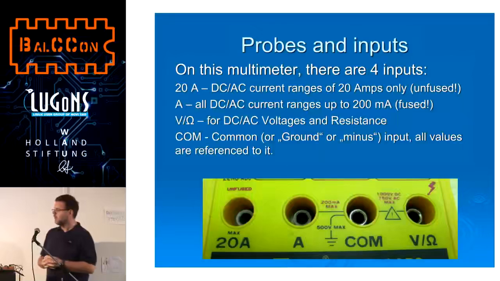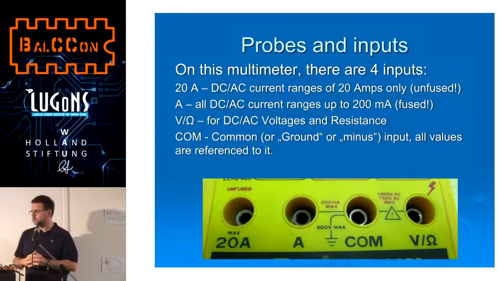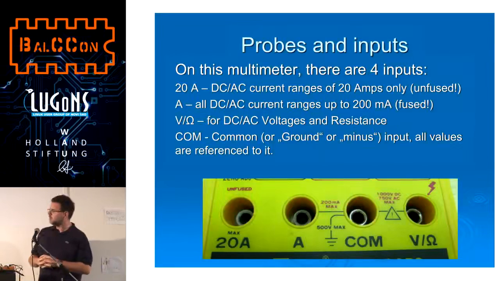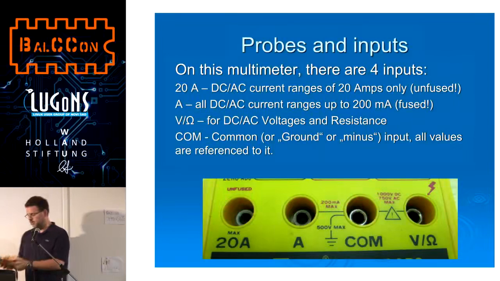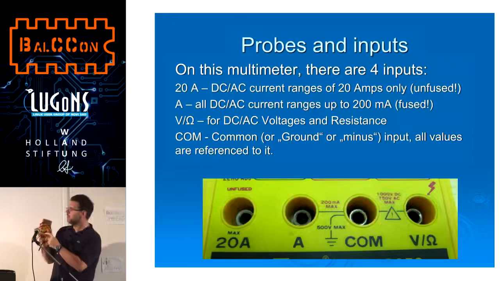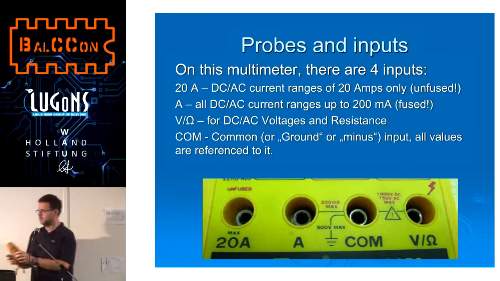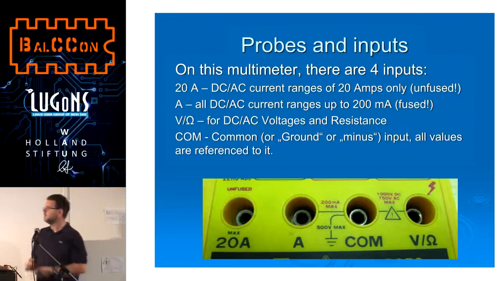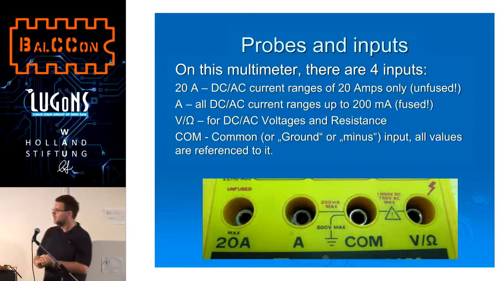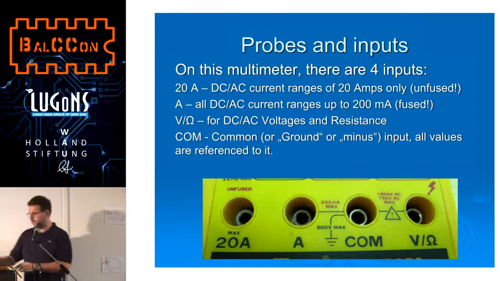Most multimeters have 3 or 4 inputs. The first is COM, common. That's where you put the black probe, and the other 3 inputs depend on what you're measuring. 20A is for large currents, mA is for small currents, and volt and ohm is for measuring voltage and resistance.